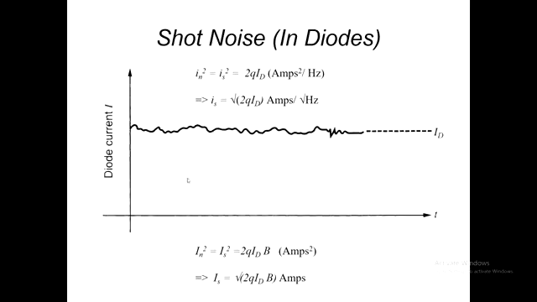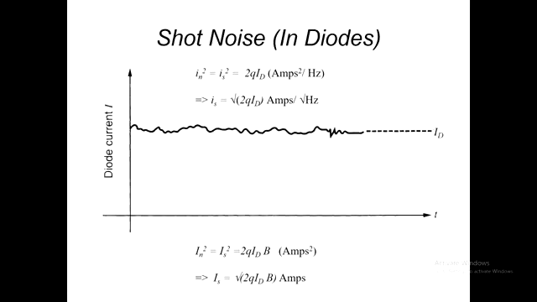And here you see it, this is from Bob Meyer, who used to work here in electrical engineering, another seminal world authority on noise. And this is the sort of noise that you get due to a DC current flowing in a diode.